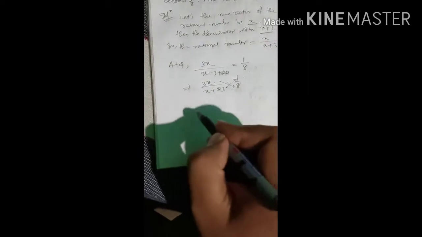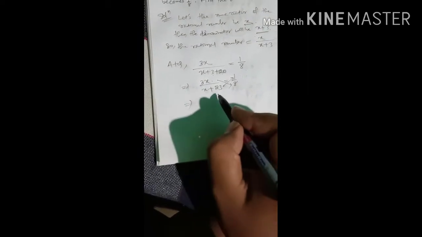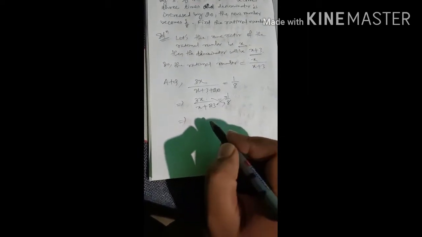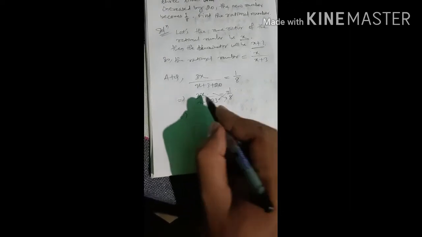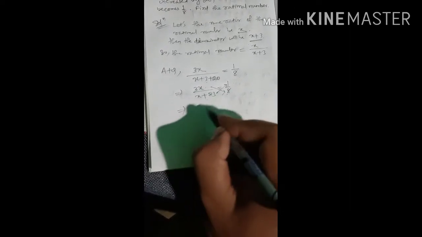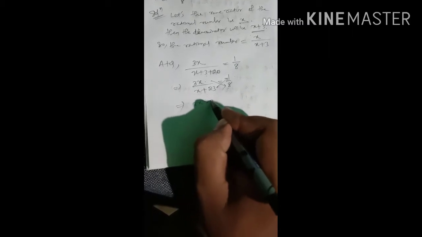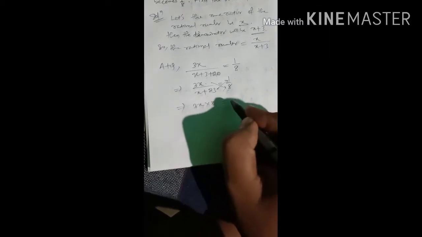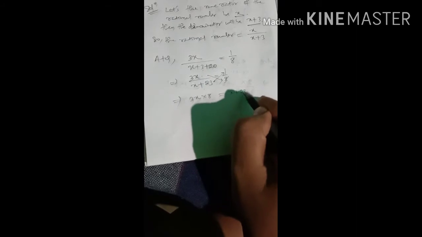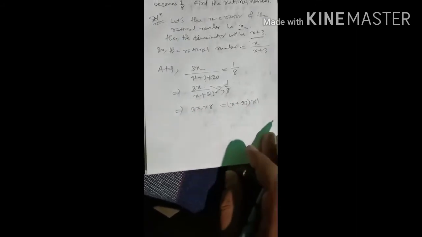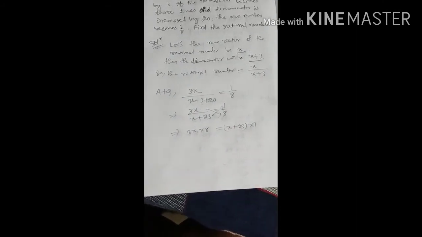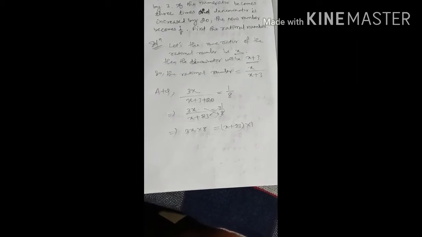क्रॉस मल्टीप्लिकेशन, इसको क्या कहते हैं, क्रॉस मल्टीप्लिकेशन. Right now, 3x into 8 and again x plus 23 into 1. As you know, any number multiplied by 1 gives the same number.